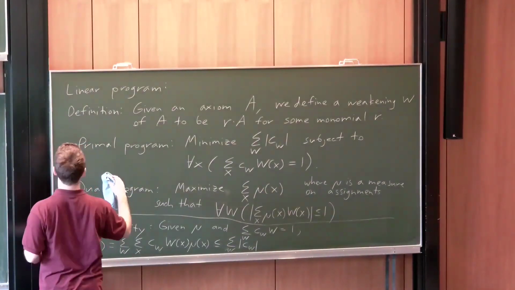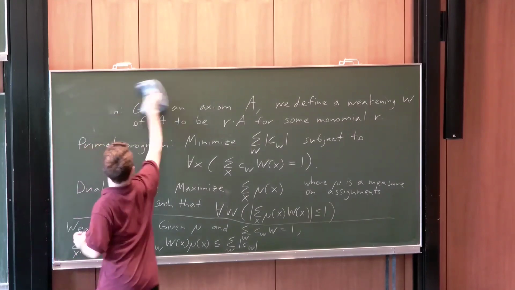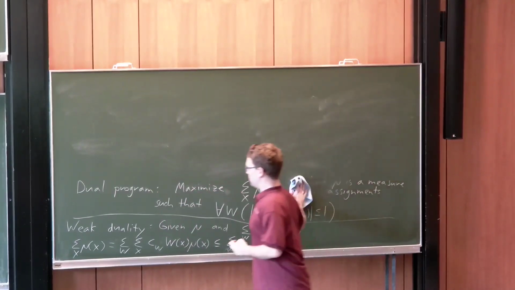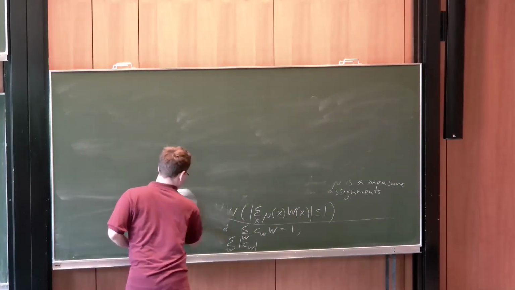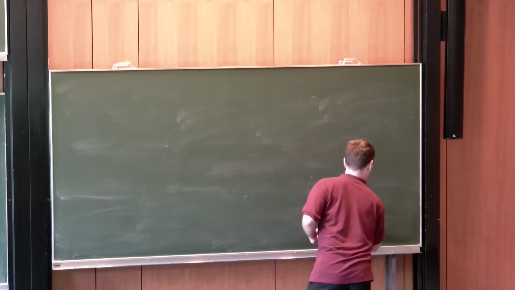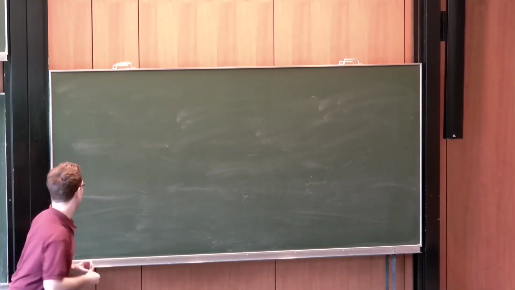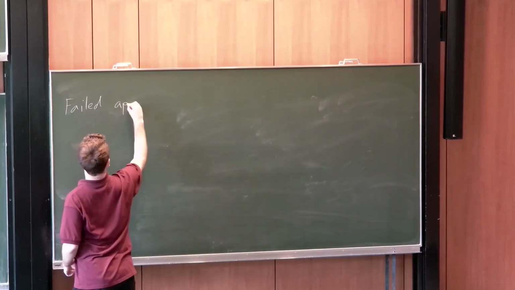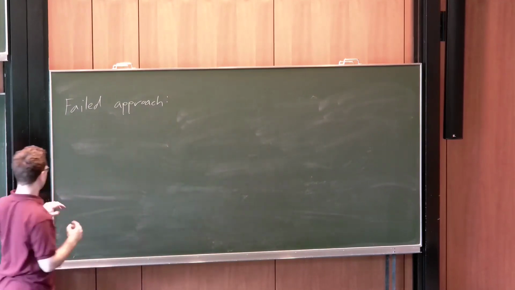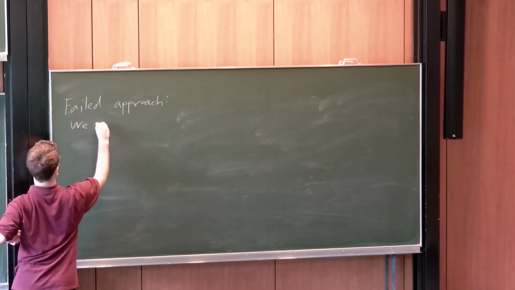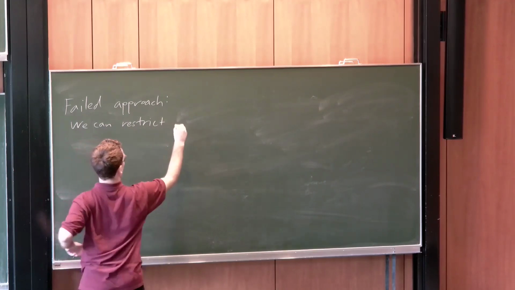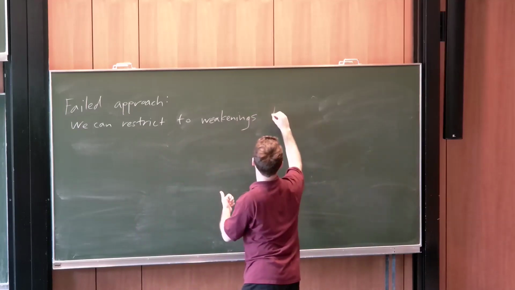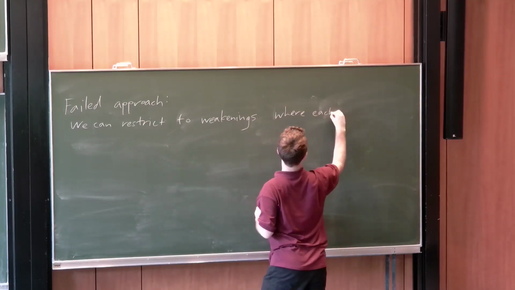So using this, it turns out we can restrict to weakenings where each pigeon can only go to half of the holes.